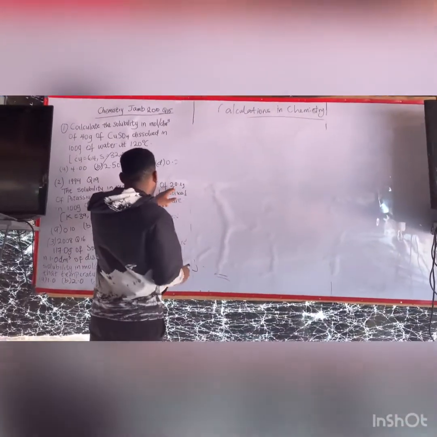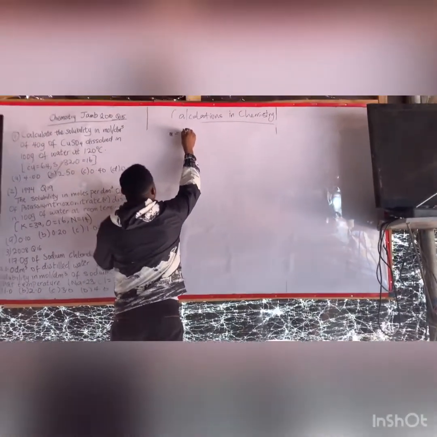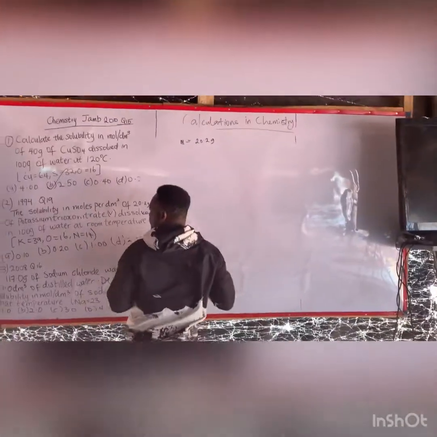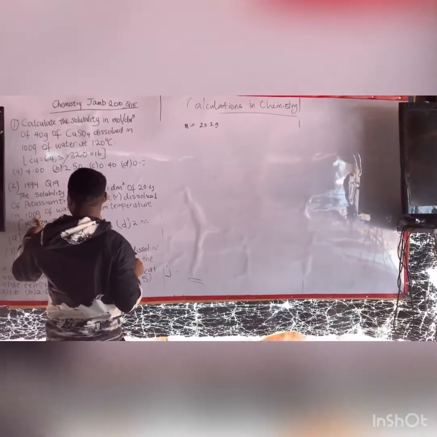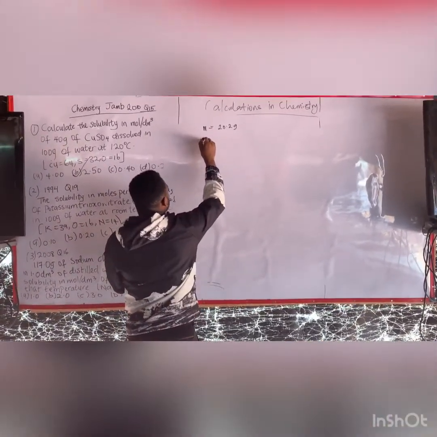Now, once again, we have been given the mass of the solid. So our M will be equal to 20.2 gram. Then the mass of the solvent is given to us.